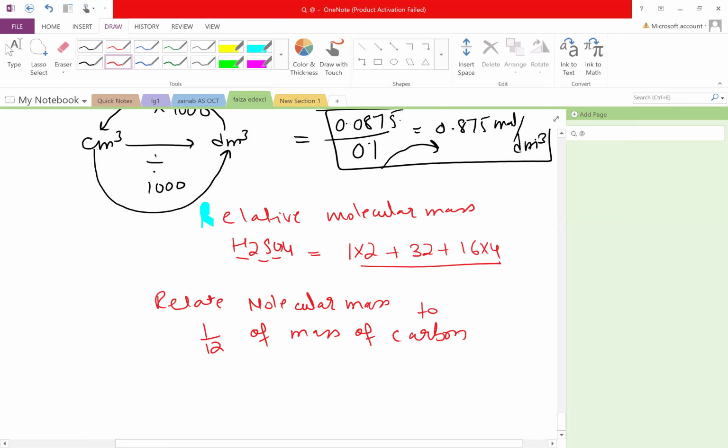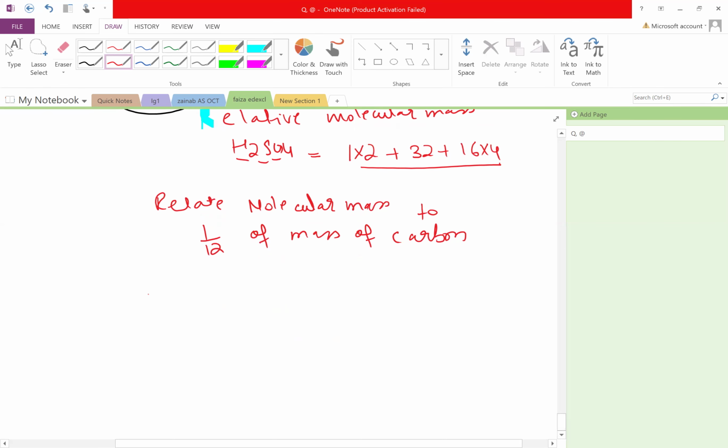Now, the question is: if you want to find the number of moles of an atom or of an ion, or of a molecule, how are you going to do that? We will do an atom first.